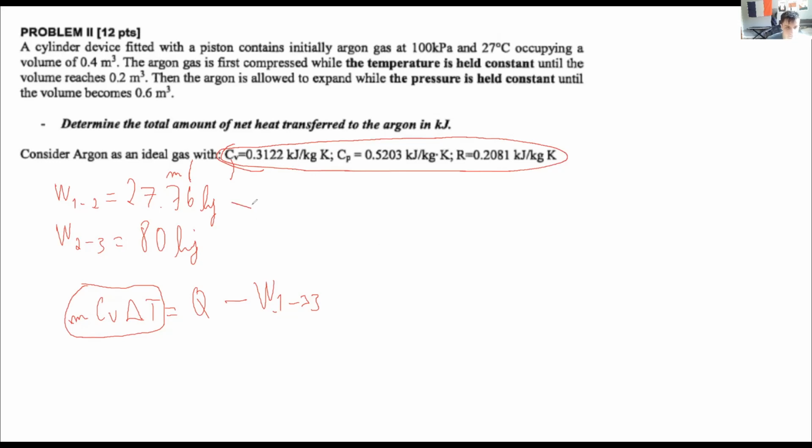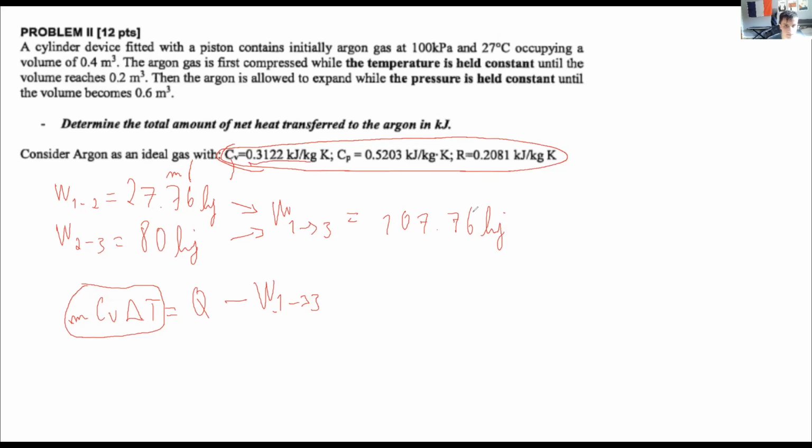So this one will be equal to the work that goes from state 1 to state 3, which is just going to be 107.76 kilojoules. C_V is given to us right here.